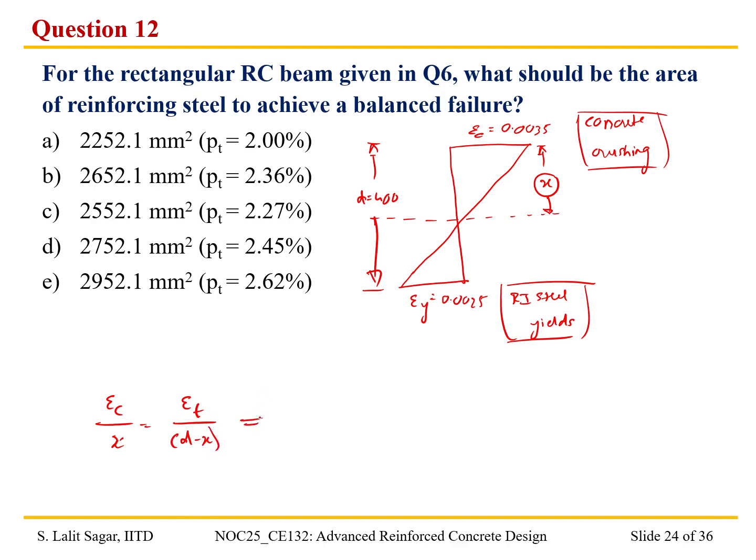So let us substitute 0.0035 divided by x is equal to epsilon t is 0.0025 divided by 400 minus x.